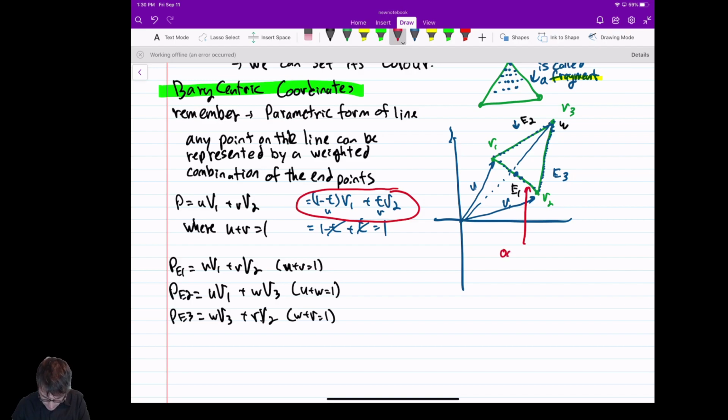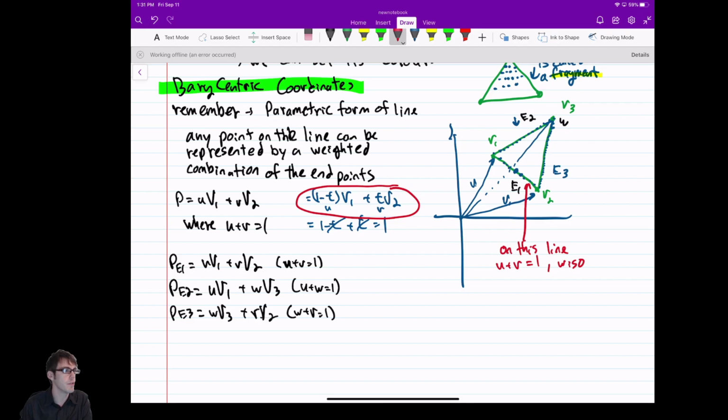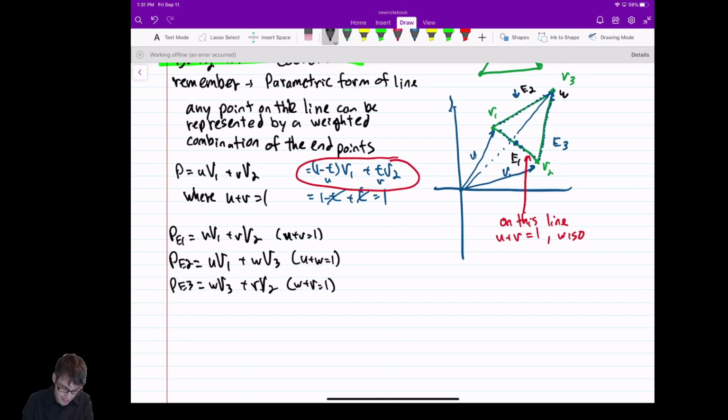So on this line, we have u plus v is 1, right? Now, inside my triangle here, I'm going to say w is 0. 0% of v3, okay? So we're going to leave that there. What else do I have for annotations? I think we're good.